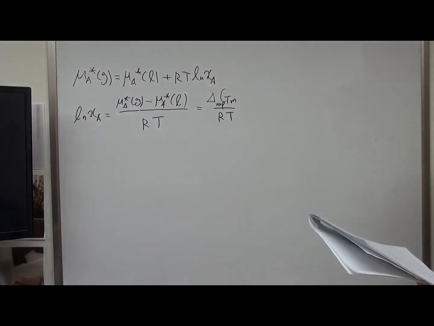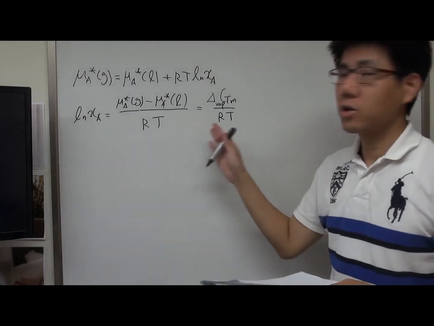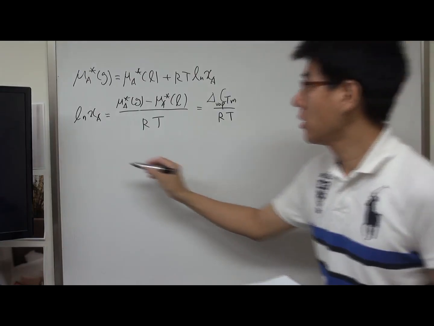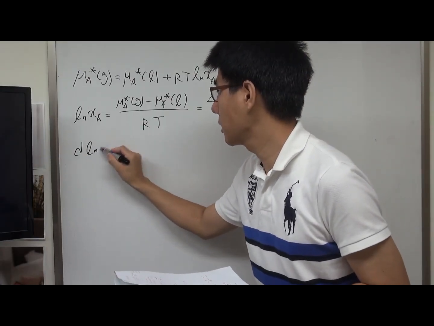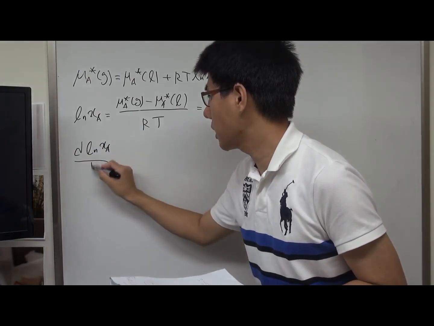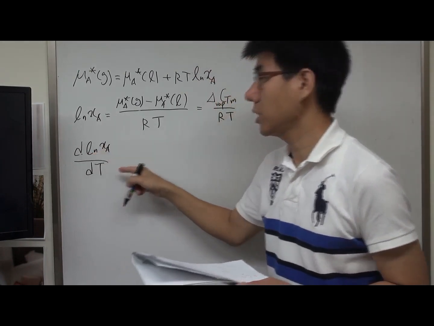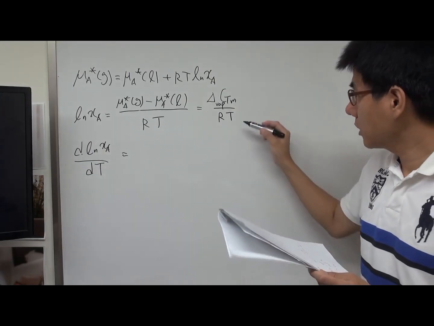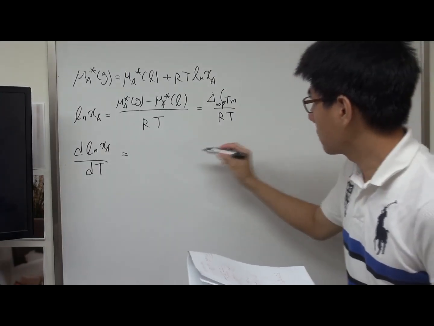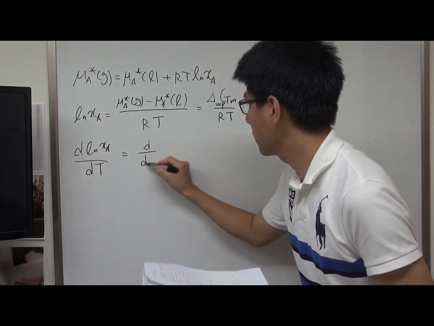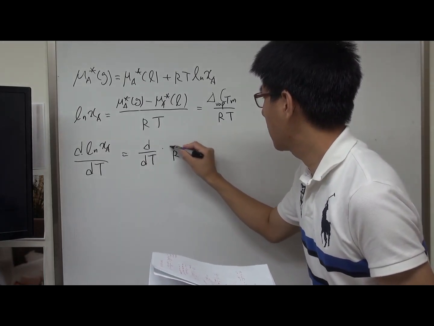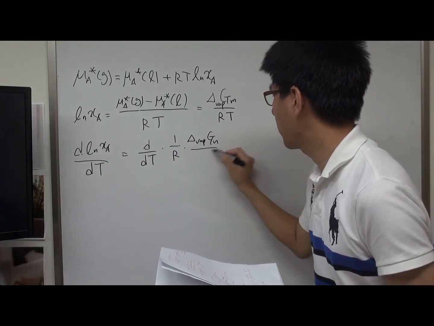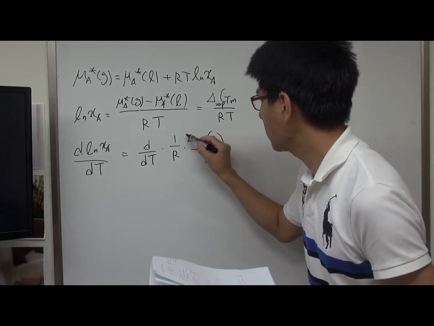What we do here is that we differentiate both sides with temperature. We basically differentiate both sides with respect to temperature dT. Then what we get here is that this expression is basically delta vaporization Gm over T, right?